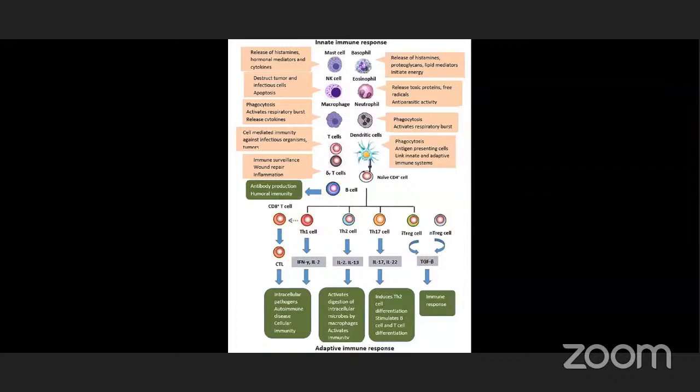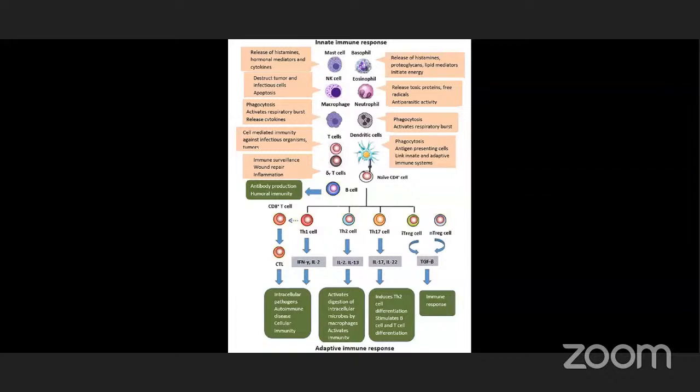Granulocytes are one of the innate immunity cells, and these cells are frontline cells for the initial response whenever the infection is there in the body. These granulocytes will be in the front line as the first line attacking cells.